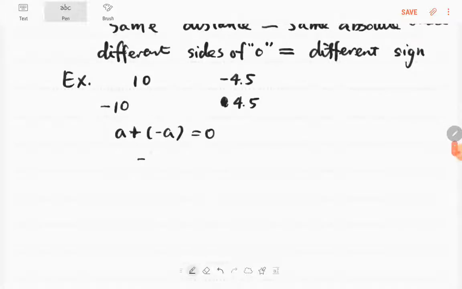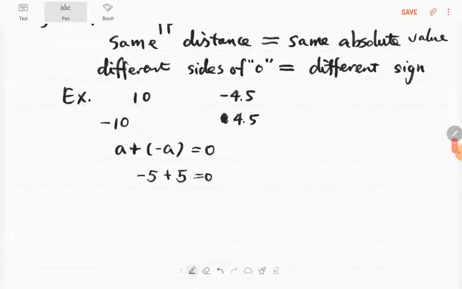Of course, negative 5 plus its opposite, which is 5, is equal to 0. Or 5 minus 5, we can treat it as 5 plus its opposite, negative 5, equals 0. This is always true. Okay?